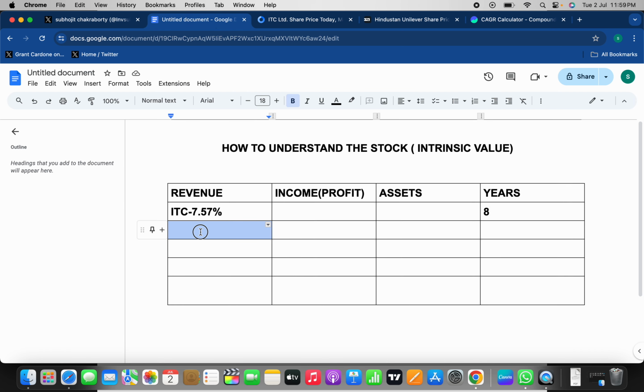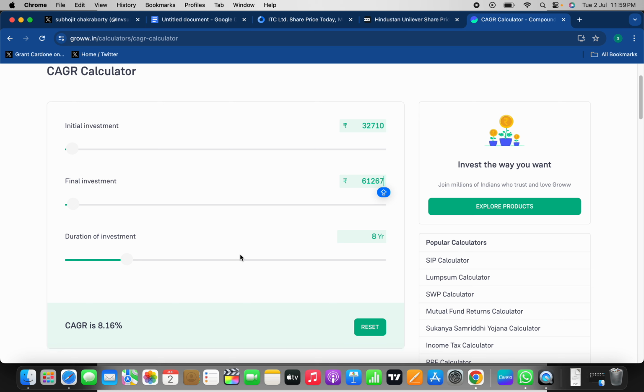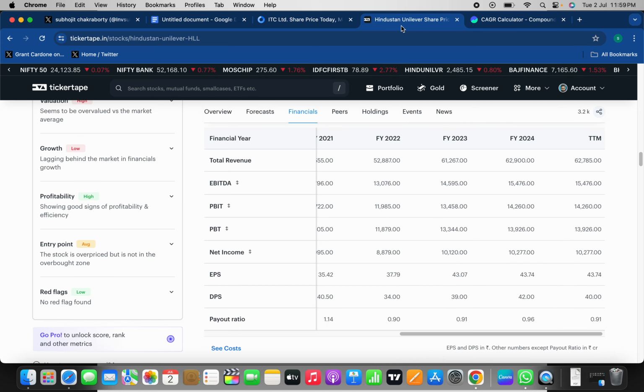So if I want to buy Hindustan Unilever, I'm getting sales revenue growth of 8.16%. Correct? 8.16 is the percentage for Unilever. I'm calculating it in front of you to show exactly how it is done. Okay, this is the same process that you have to follow.